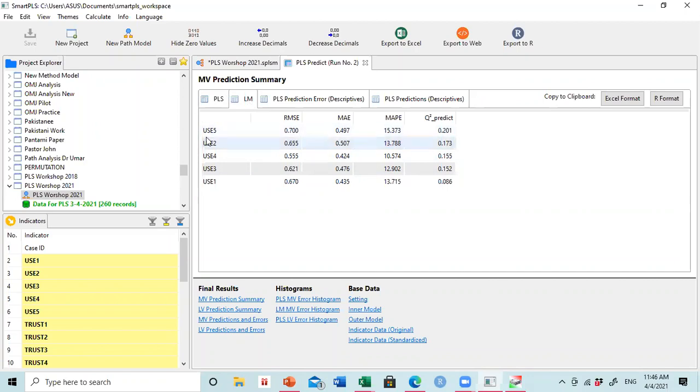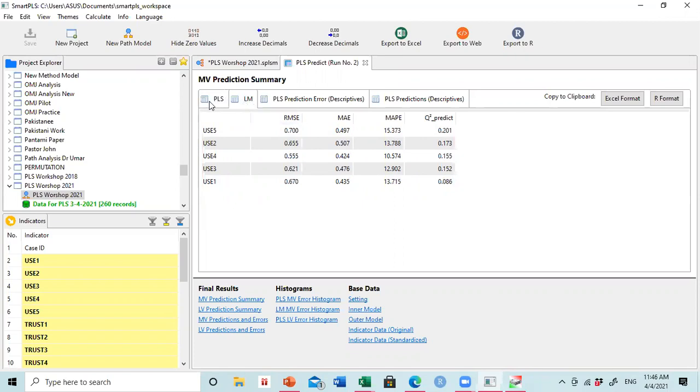Do you understand? We look at the items, for example items 1, 2, 3, 4, 5. We want to see whether PLS is less than LM. If PLS is less than LM, we conclude that we have very good prediction ability. Is that okay? PLS should be less than LM.